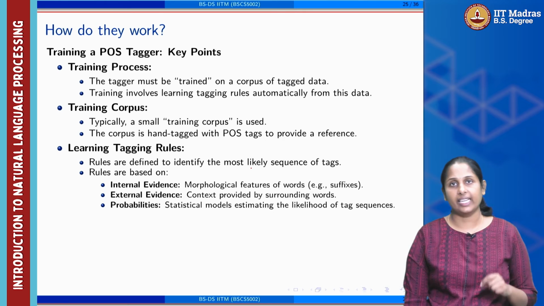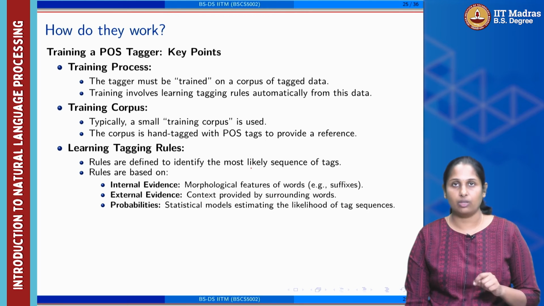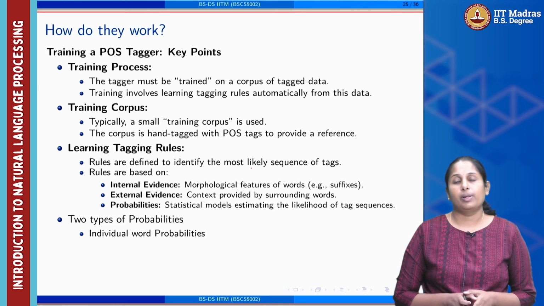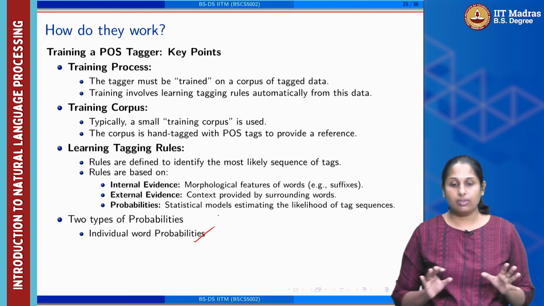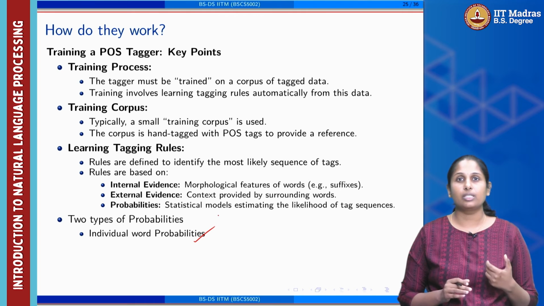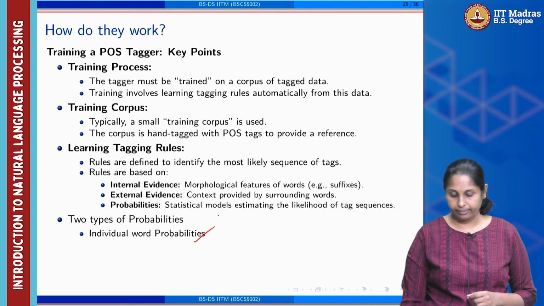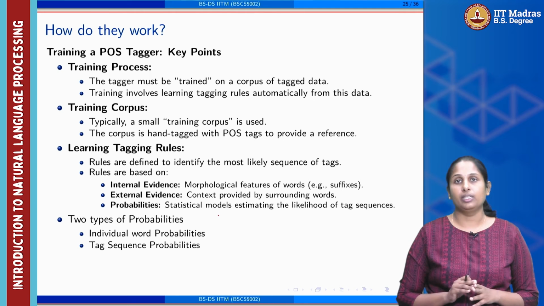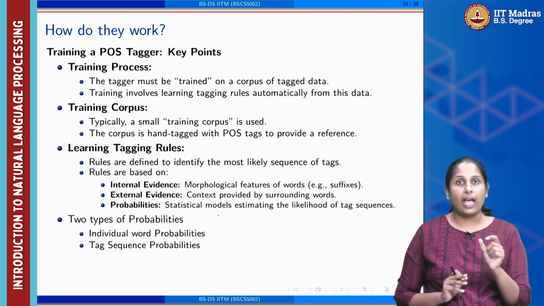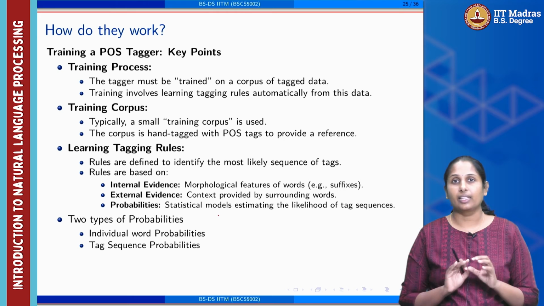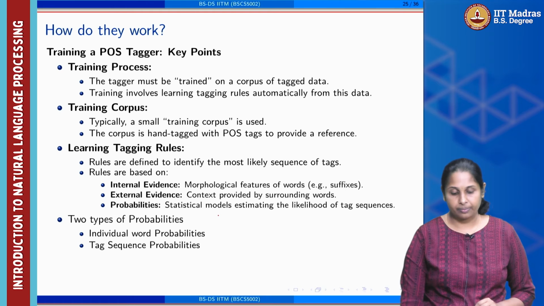It is nothing but the likelihood of a particular tag sequence in a given order. Here two types of probabilities are very important. One is individual word probabilities, which identify how many times a word is associated with a particular tag. And the second one is tag sequence probability. That means how many times a tag is followed or preceded by another tag in the given context.